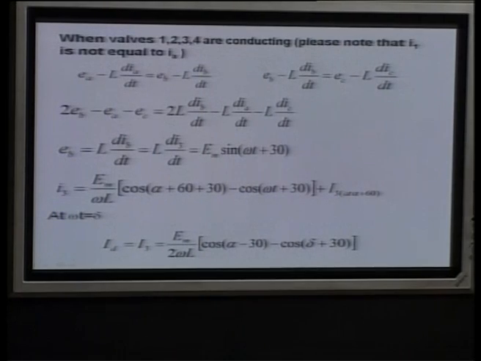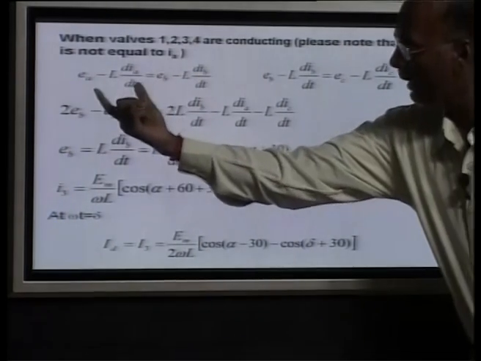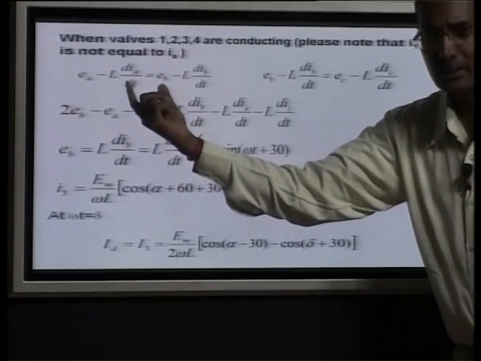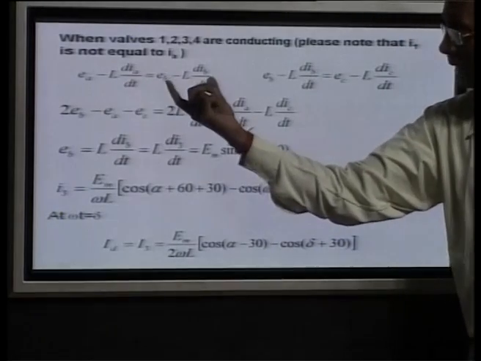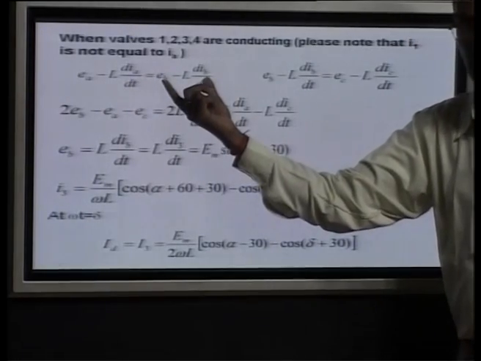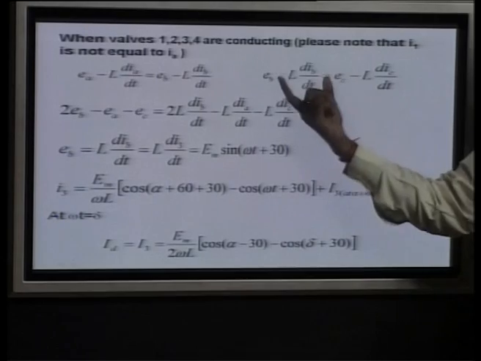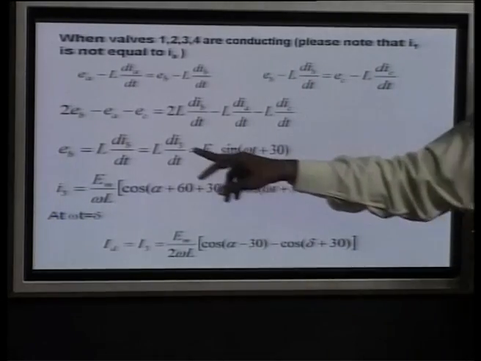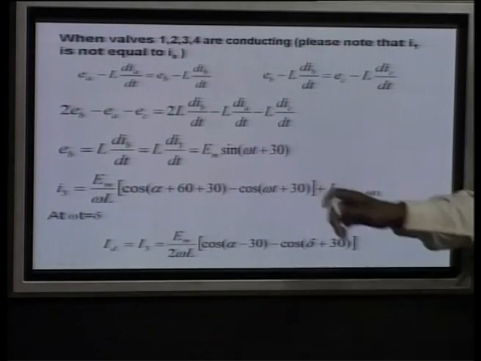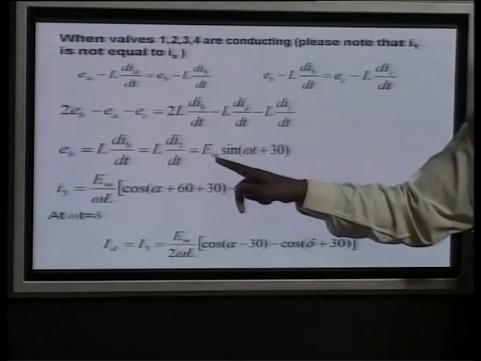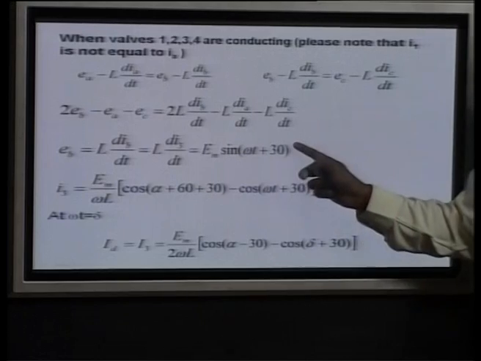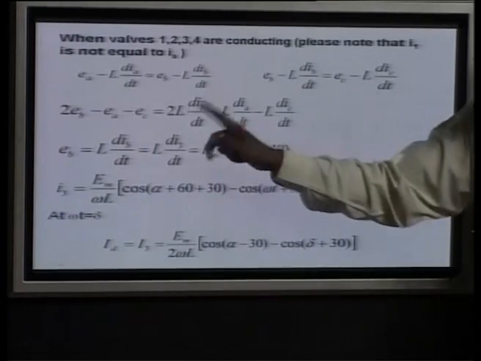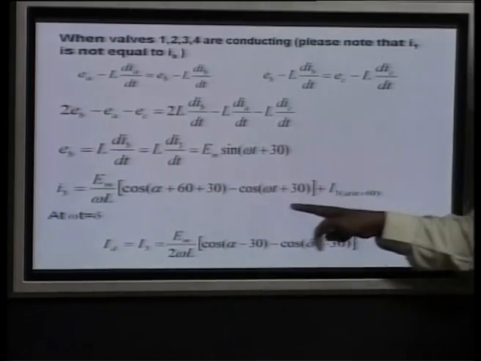So, here again we applied E A minus the parallel voltage across this phase A, phase B will be equal in that conduction mode, and you get a very simple expression, that is L d I 3 upon dt is equal to E B. And now you can integrate for I 3, you will get this.